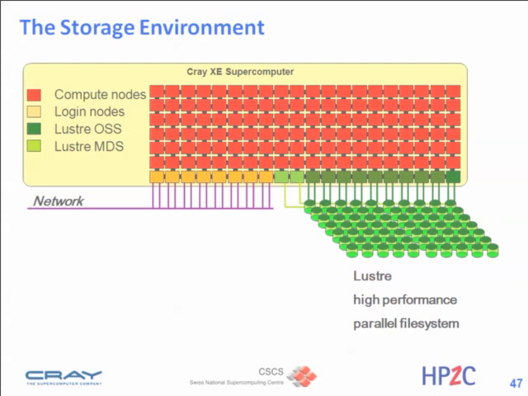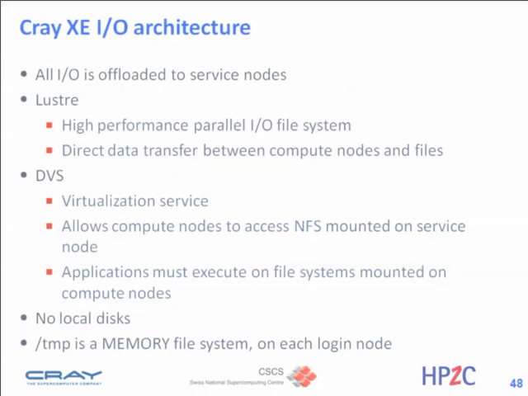I/O. As I said before, the XE I/O architecture is pretty rich. You have the compute nodes, you have the I/O nodes, the I/O subsystem is connected to the I/O nodes, and then you have, for example, Lustre, which is the high-performance parallel file system used on the XE machines.